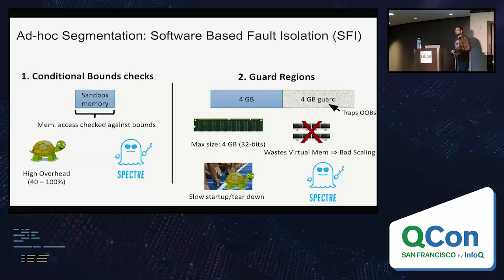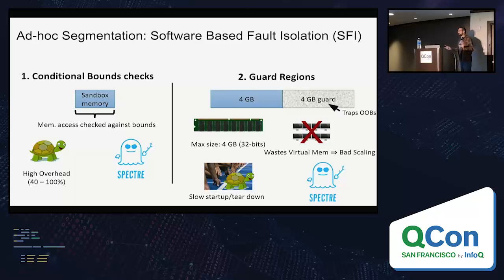The problem with this is that it's expensive. You're adding iCache pressure, you're adding the cost of executing those checks, and you're chewing up general purpose registers (GPRs) to keep around those bounds. You're easily looking at a 40 to 100% slowdown on real benchmarks. And of course, you're not Spectre safe.